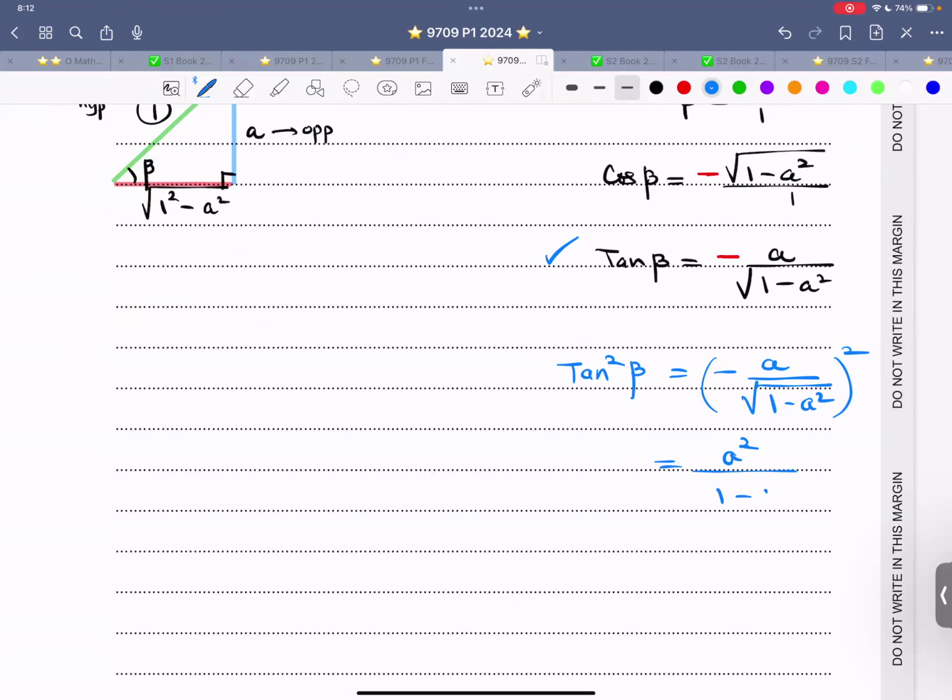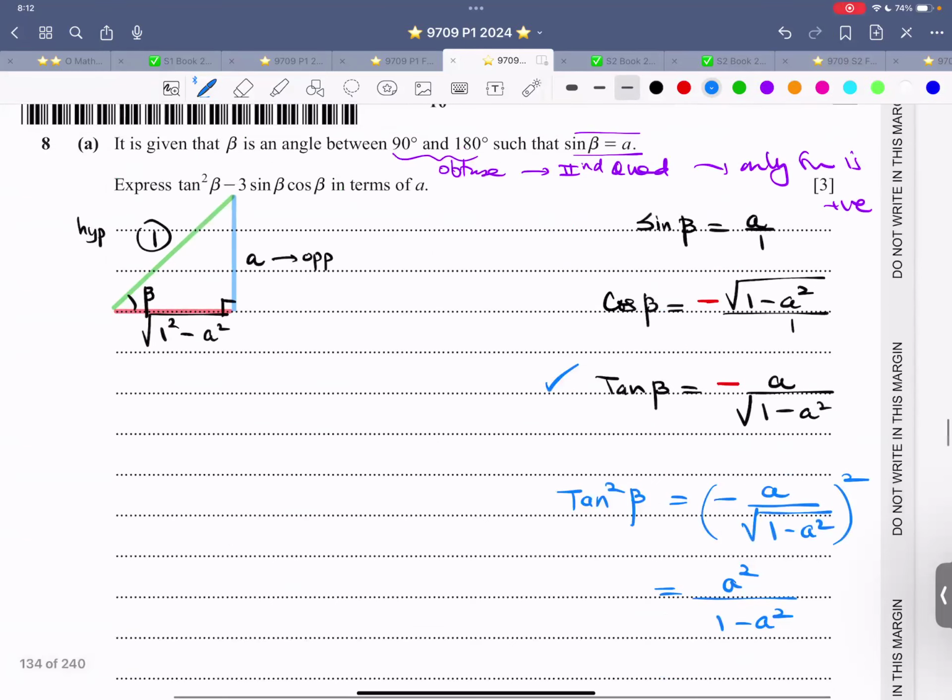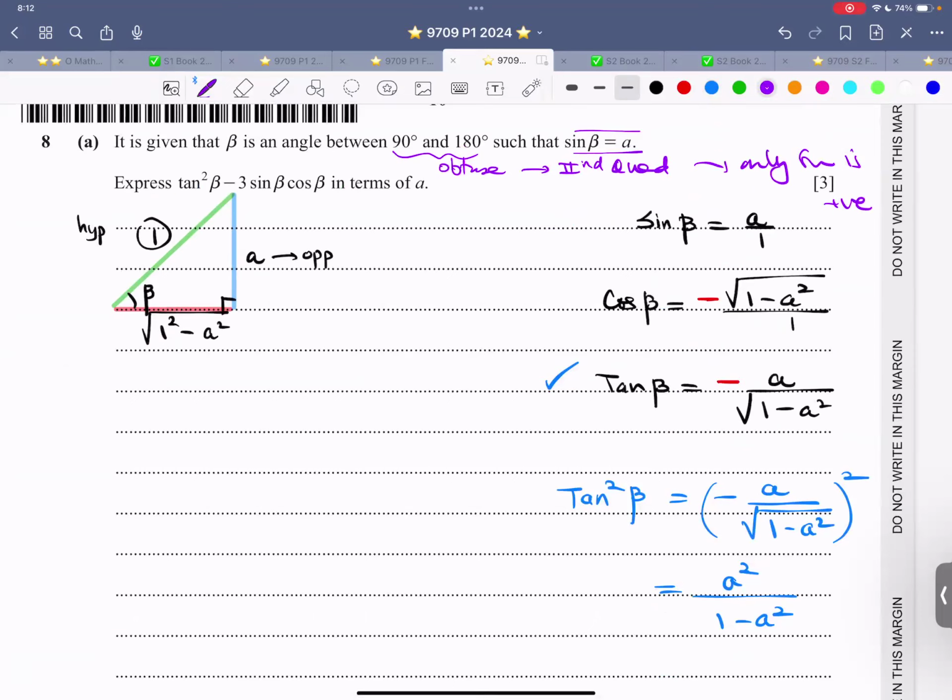The square root will disappear, 1 minus a square. That is one thing. Sine beta, cos beta, that I can multiply here. So let me write over here, this is sine beta, this is cos beta, I can multiply. And there is a negative sign before that. So minus sign, sine beta is a, cosine beta is negative square root of 1 minus a square over 1.